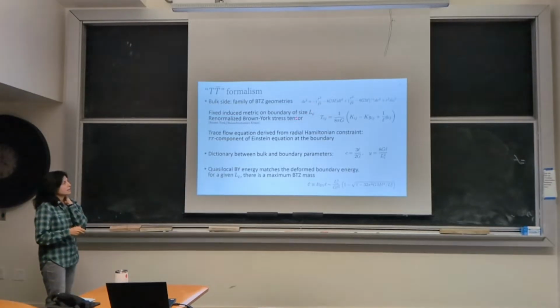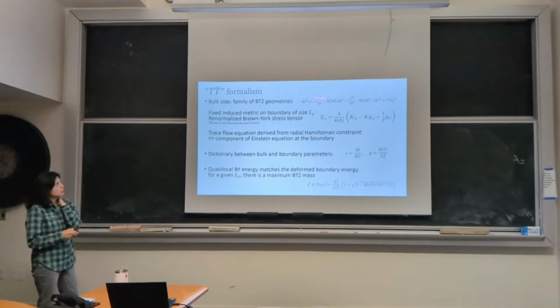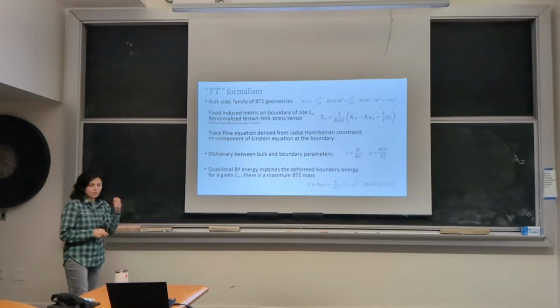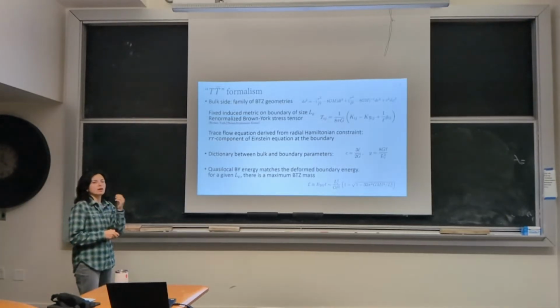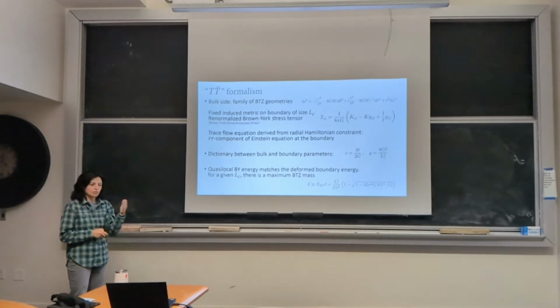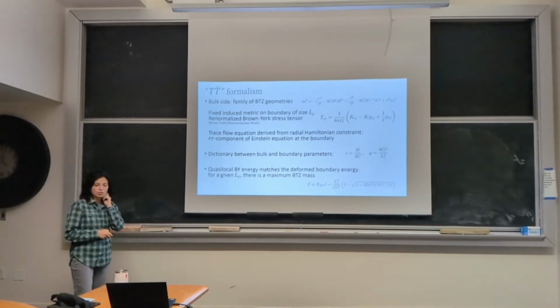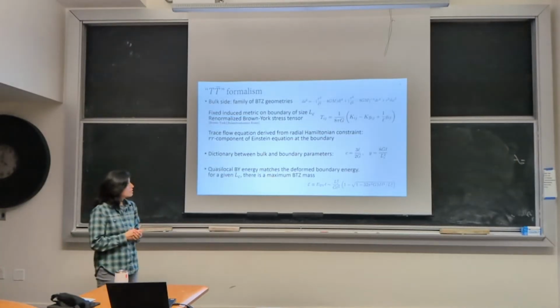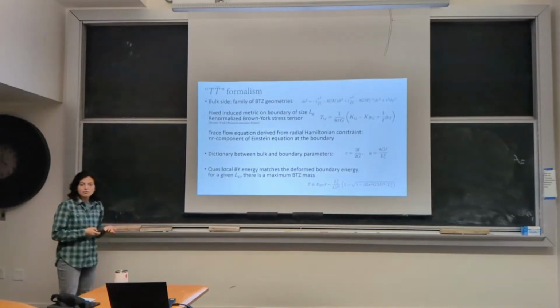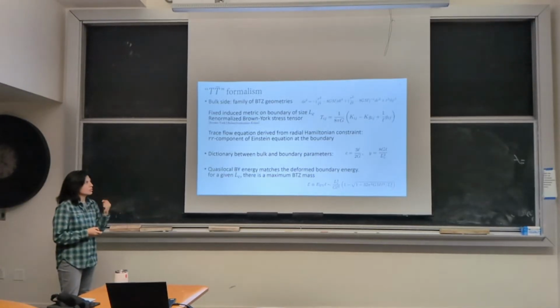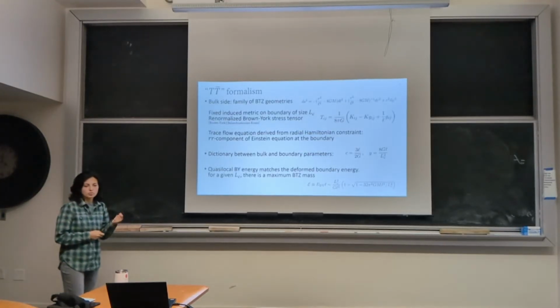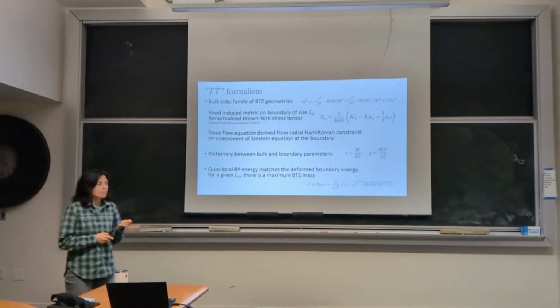And the main character here is the Brown-York stress tensor that enters into a trace flow equation that is derived by the radial component of the Einstein equation, or the Hamiltonian constraint of the radial evolution. And that trace flow equation is exactly the trace flow equation from the field theory side if we appropriately match this stress tensor to the deformed theory stress tensor.